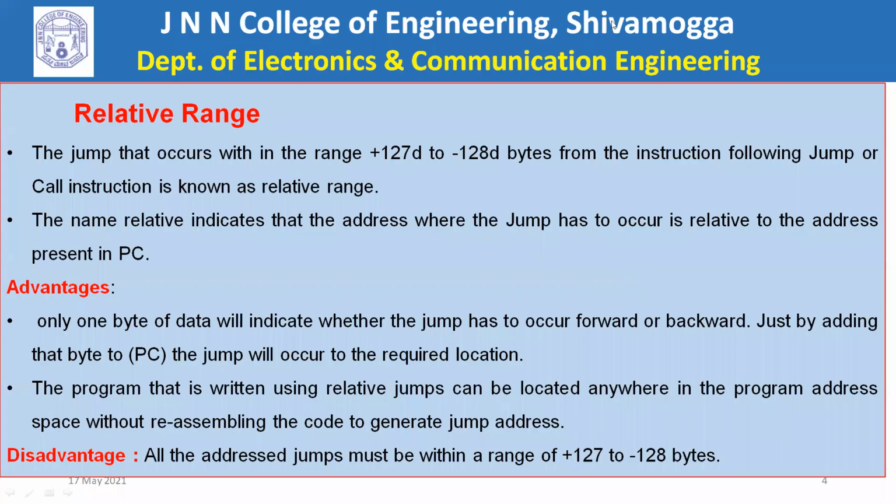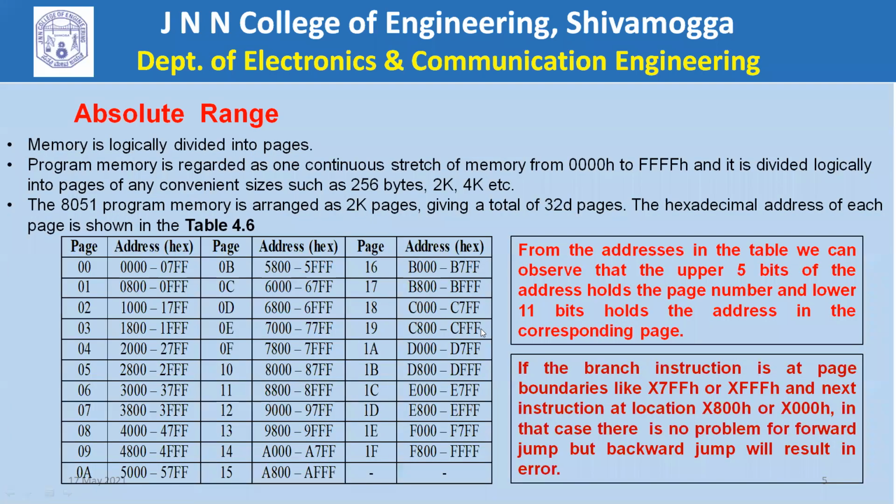So I got the feedback that you have understood that. Let us go to the next range, absolute range. Here in the absolute range, memory is logically divided into pages. Program memory is regarded as one continuous stretch of memory from 0000 to FFFF, and it is logically divided into pages of 1K or 2K or 4K, or 256 bytes, etc. In 8051, program memory, that is your on-chip ROM, is arranged as 2K pages, giving a total of 32 pages in decimal.